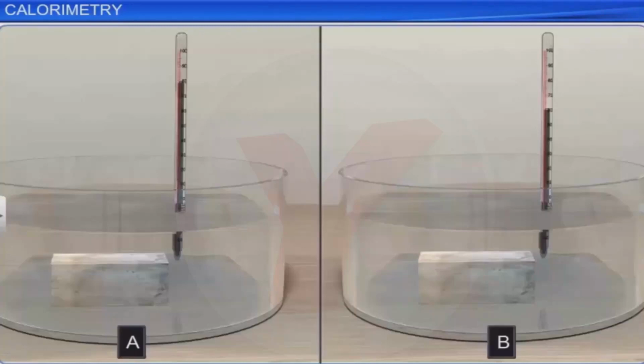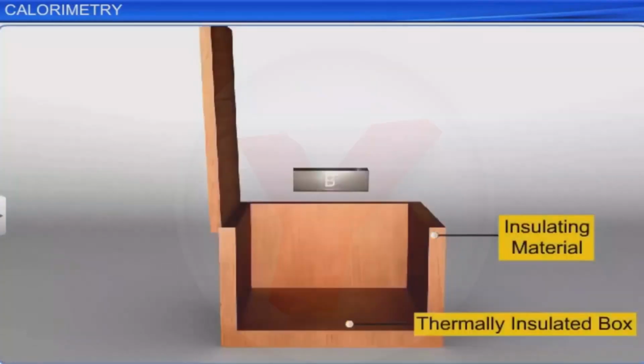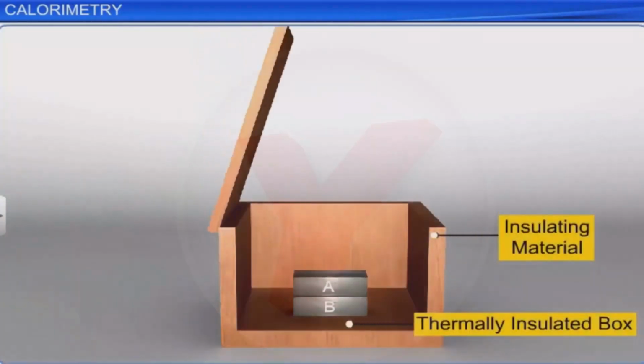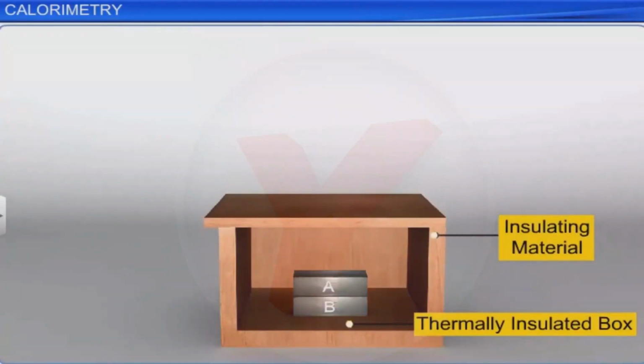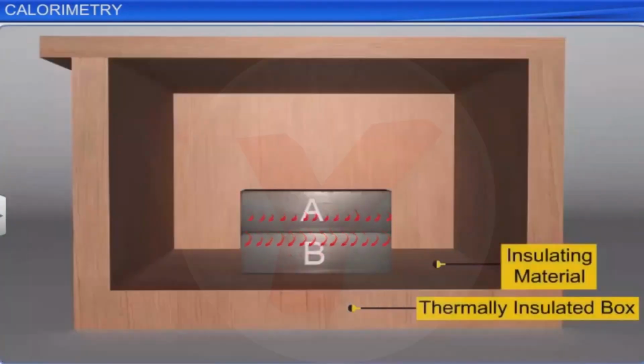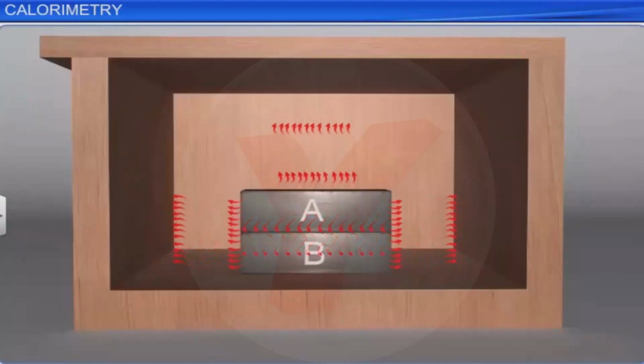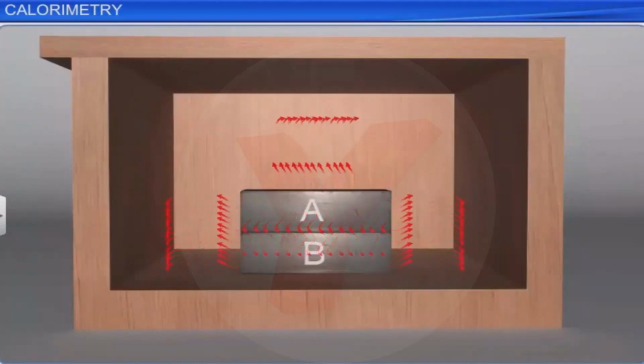Let's take 2 iron rods, A and B, at 2 different temperatures, and place them in a thermally insulated box and make sure they are in contact with each other. We know that heat energy flows from a hot body to a cold body. Since they are in a thermally insulated box, no heat escapes to the surroundings.